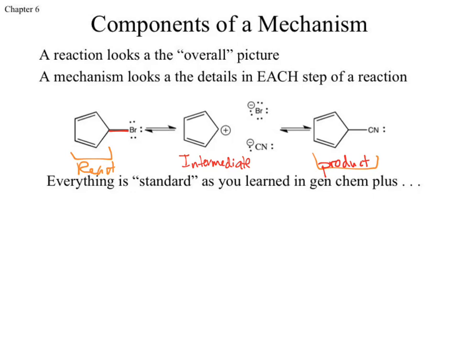Neutral, and it ends with negative, which means it had to gain electrons. There is nothing else shown as a reactant there, which means those electrons have to come from somewhere within that structure. The only thing that has changed is that bond. So we're going to take the electrons in that bond and we're going to put them where? On the bromine. So our arrow is going to say where our electrons started, the bond, and the electrons moved to the bromine. There's our arrow pushing.